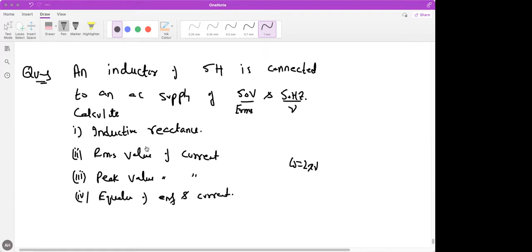Nazira, first is correct. Try all parts. Good. Fourth is also correct.